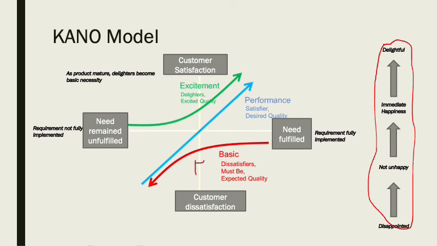Suppose the QWERTY key is considered basic. If you're not really implementing it, your customer is dissatisfied. But if you go on and implement this ability and it's fully implemented, that would be said as, hey, you have implemented a basic feature that is a must, and it is an expected quality.